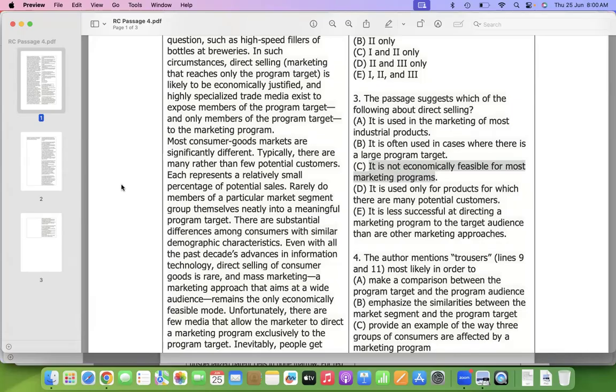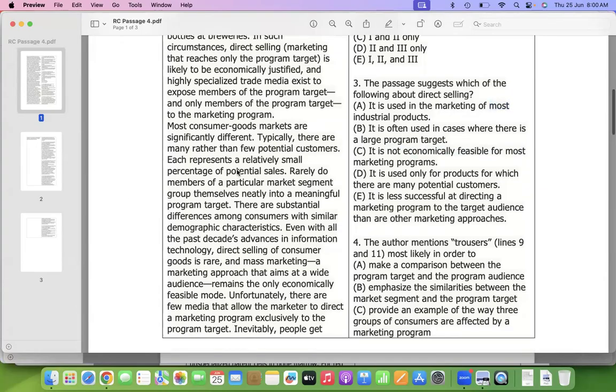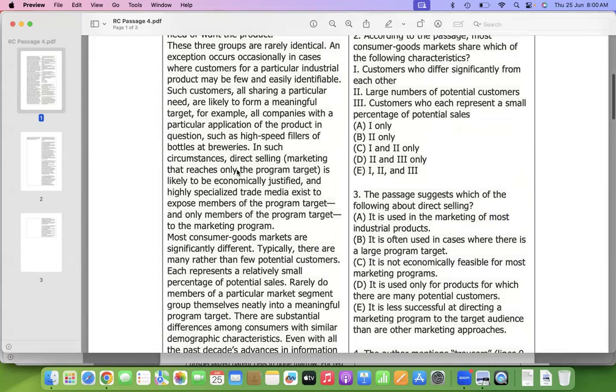Ayush, we don't know whether it's used in the marketing of most industrial products. We don't know the frequency. Yes, the frequency we don't know. But there is something written about this also in the paragraph if you read. I was very confused between A and C actually.